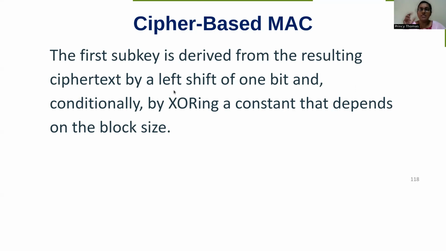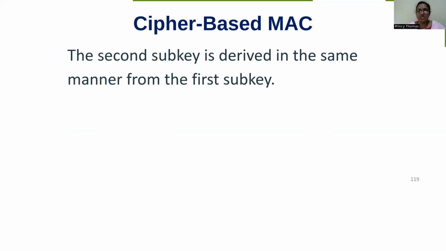So first the 0 block is given to the cipher and we get the output ciphertext, which is left shifted by 1 bit and XORed with the constant, and that output is K1.